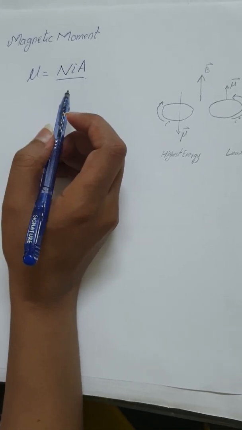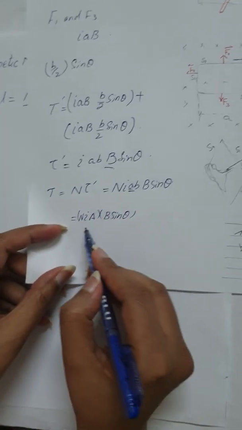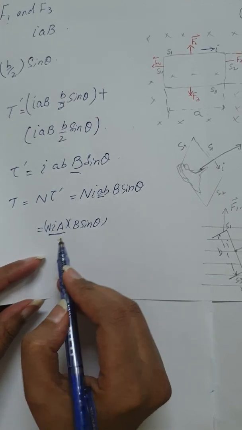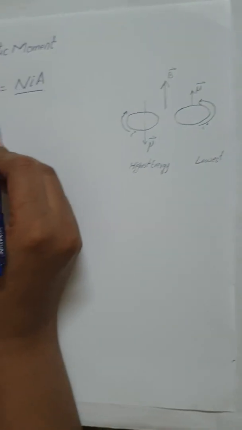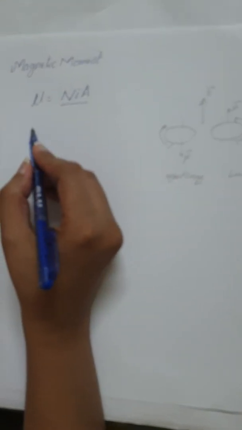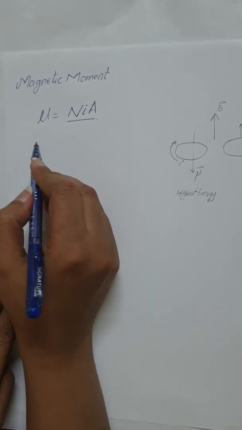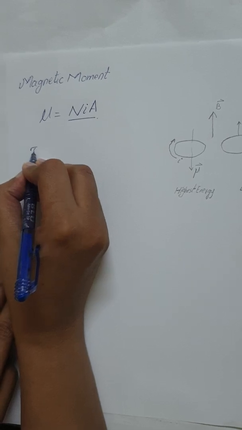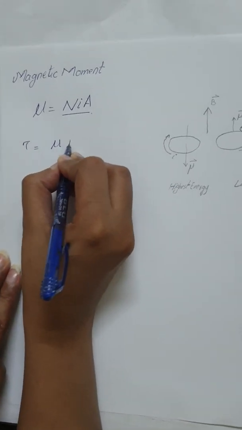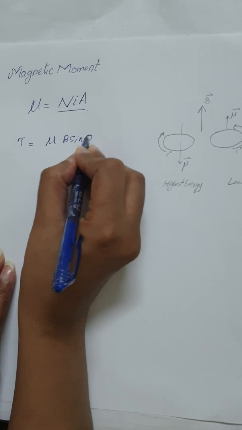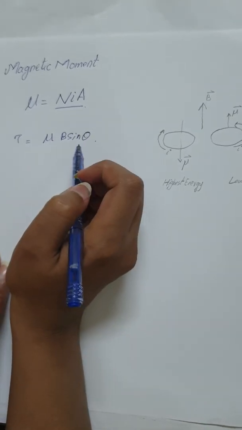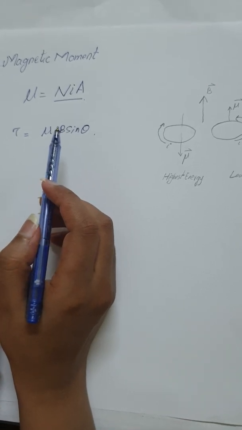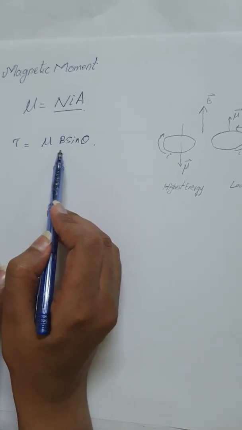So, using this, we can rewrite the equation of the torque on the coil due to a magnetic field. Torque is equal to mu B sine theta, in which theta is the angle between the vectors mu and B.